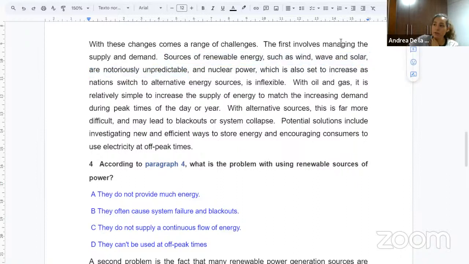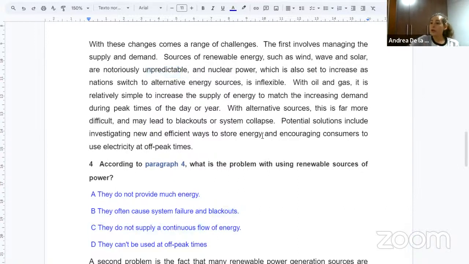It's hard to manage the supply and demand. That's basically C, what some of you were saying. They don't supply a continuous flow of energy. They are unpredictable, so you don't know, they are not linear. They are not continuous. Maybe you have more energy one day, you have less energy the other day. So they are not continuous.